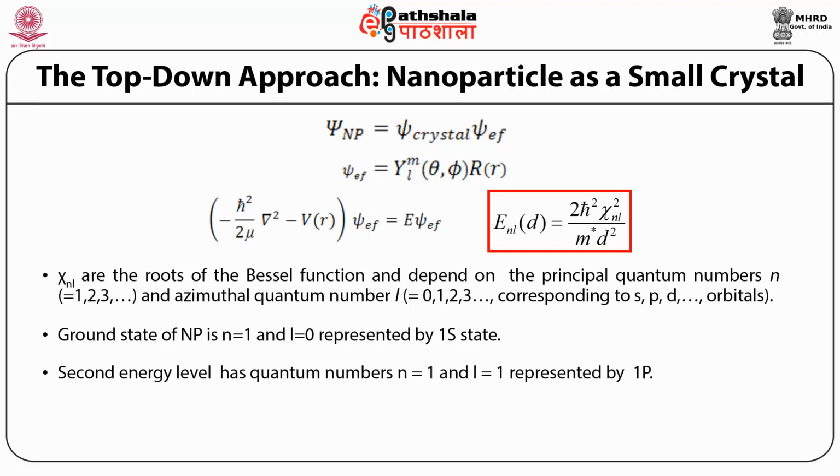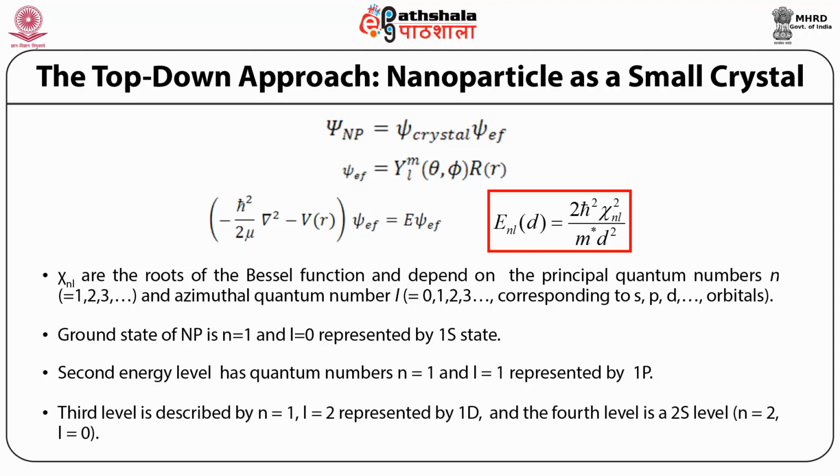The second energy level has quantum numbers n equal to 1 and L equal to 1, represented by 1p, and the third level is described by n equal to 1 and L equal to 2, represented by 1d, and the fourth level is a 2s level corresponding to n equal to 2 and L equal to 0.